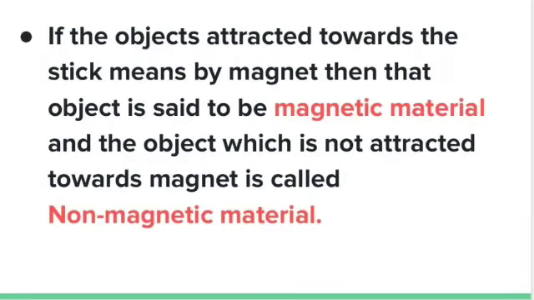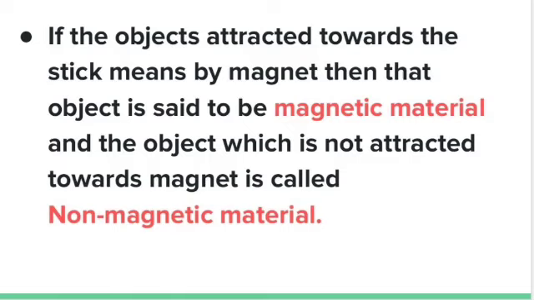If an object is attracted towards the stick, means by the magnet, then that object is said to be magnetic material, and the object which is not attracted towards the magnet is called non-magnetic material.